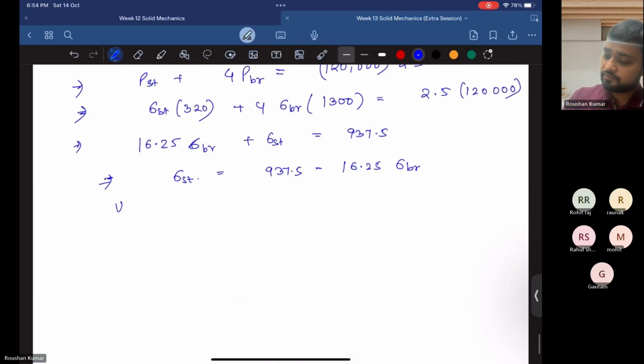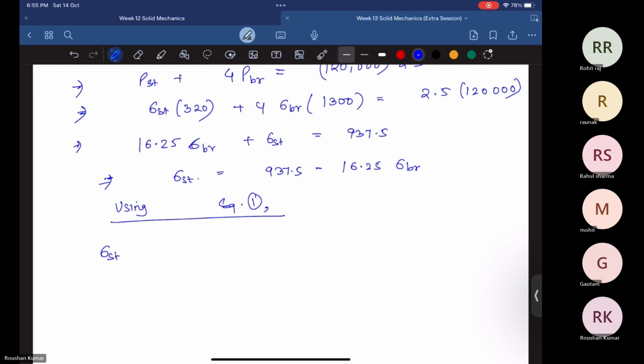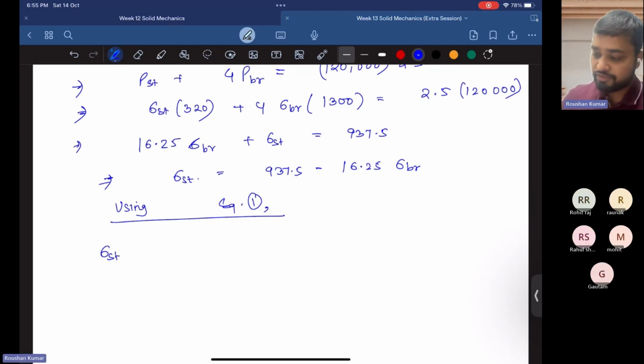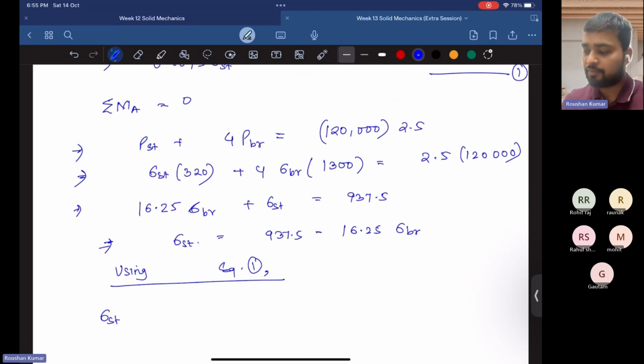So using equation 1, we will put the value of stress in the steel in terms of bronze in equation 1.